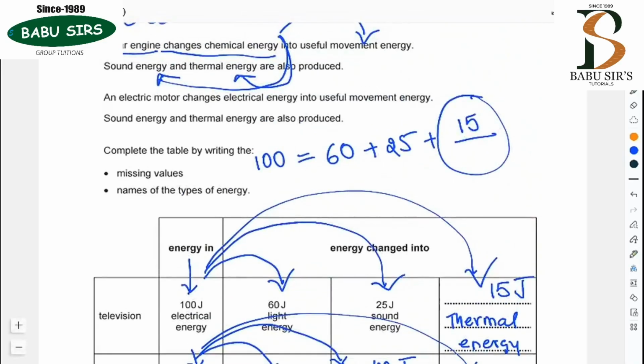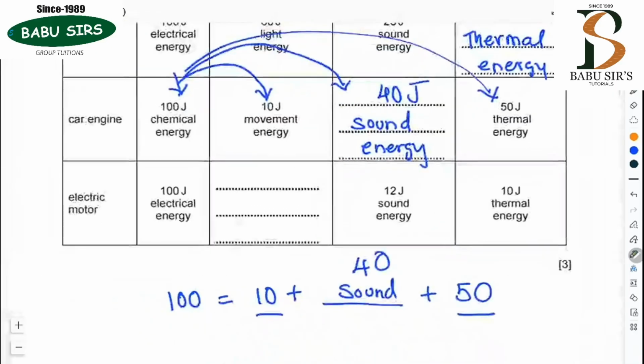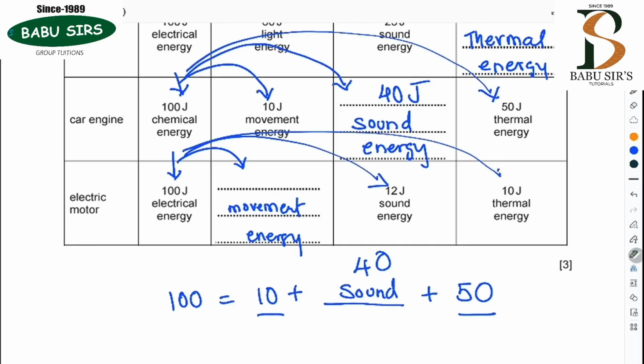The next question is electric motor. Same thing. An electric motor changes electric energy into movement, second is sound and third is thermal. So here, electric motor in is how much? 100 joules. This will be converted into movement, then something will be converted into sound and the remaining will be converted into thermal.